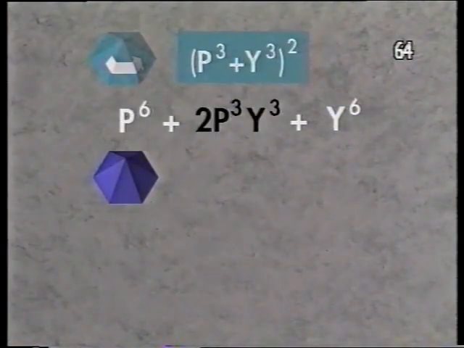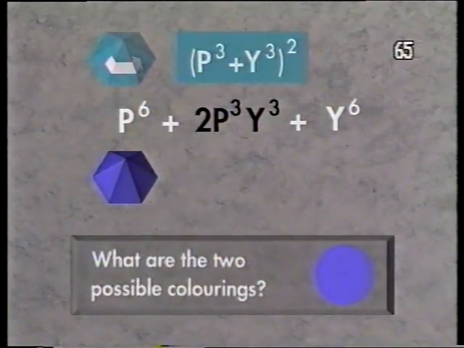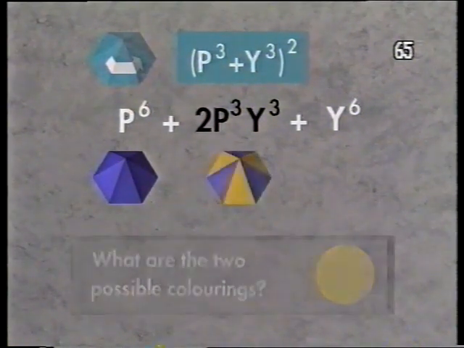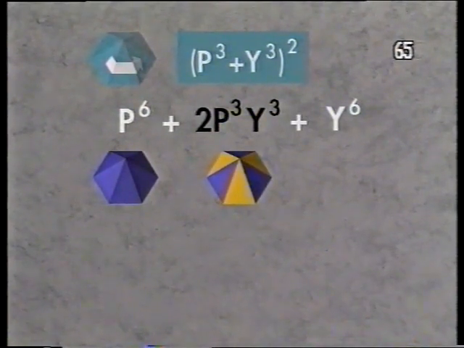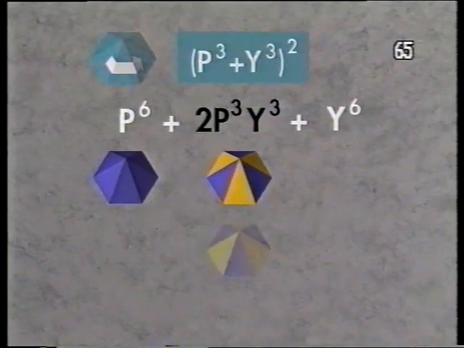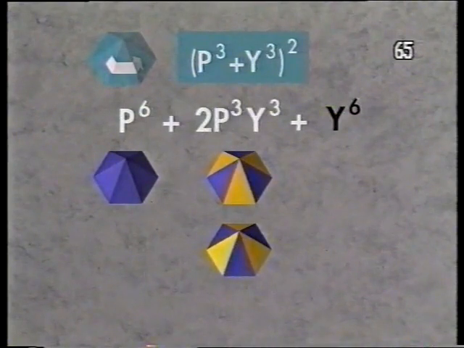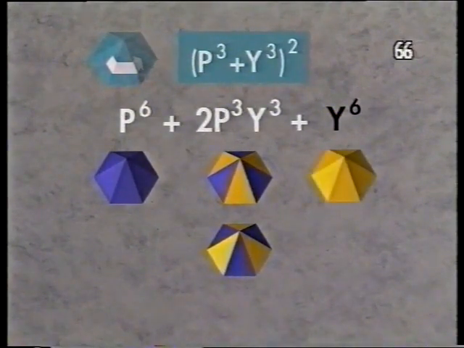The second term tells you that there are 2 colorings with 3 purple faces and 3 yellow ones. So what are these colorings? Well, there's one coloring with odd faces yellow and even faces purple, and one with them the other way round. And the last term tells you that there's one coloring with 6 yellow faces.